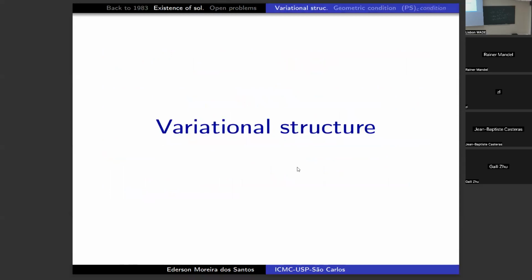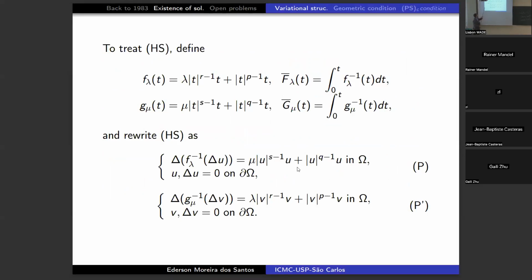So how do we proceed? For people that have worked on this kind of critical equation, we know that we have to make very delicate estimates. So this is the variational treatment. Here we write the system as a fourth-order equation.